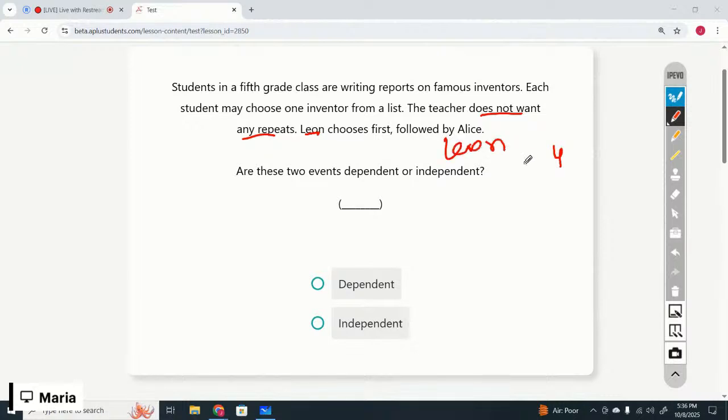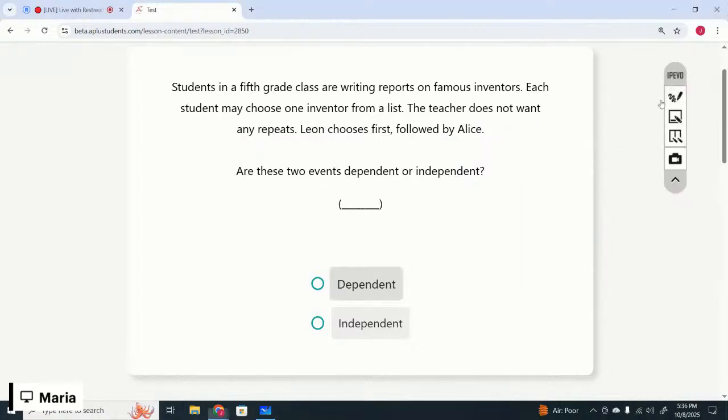So when Alice is going to pick, she has three options. So the outcome of the second event is affected by the first event, so they are dependent events. The correct option is dependent events.